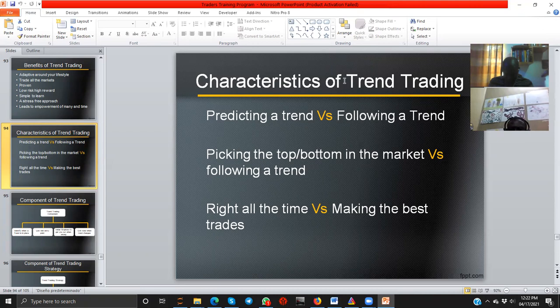Let me log out and log in again. The screen is in a minimize mode. I'm trying to maximize it, but it's not coming up.